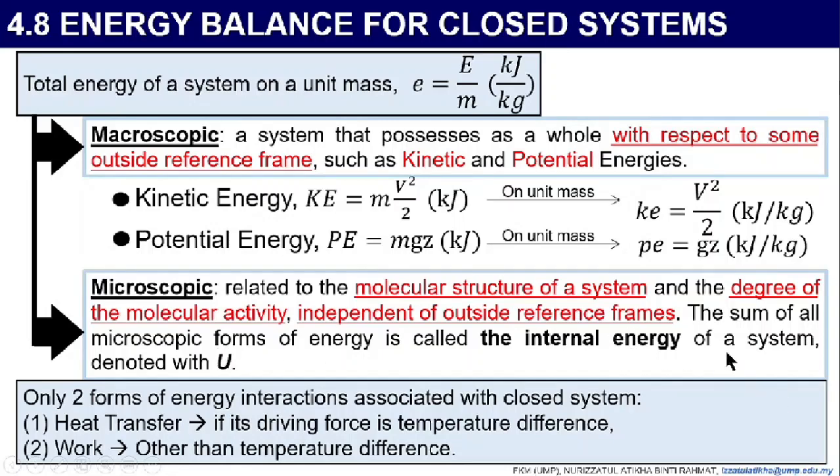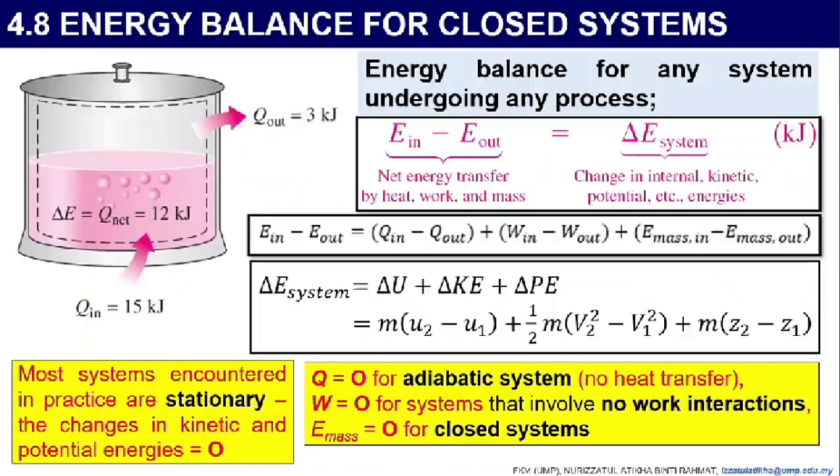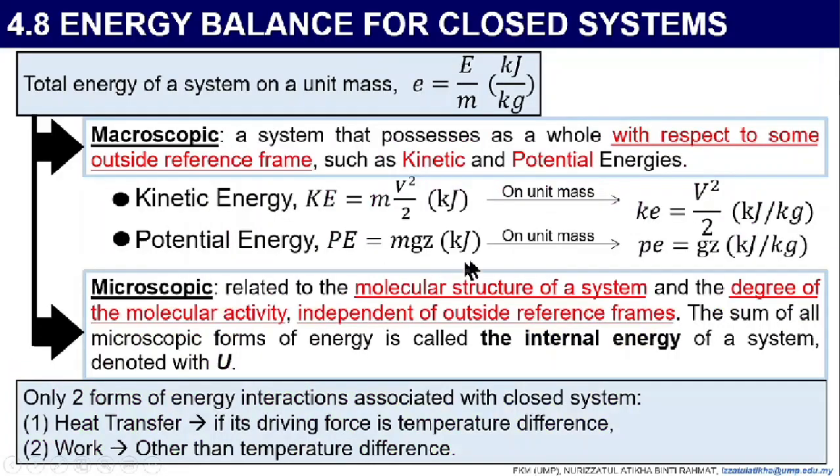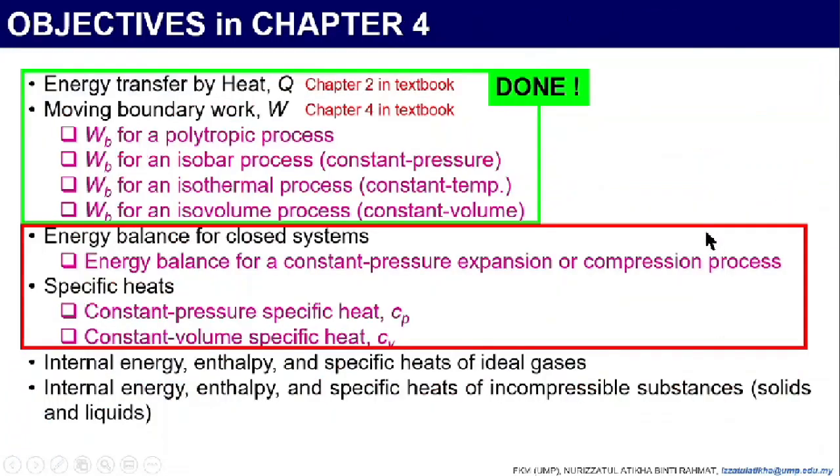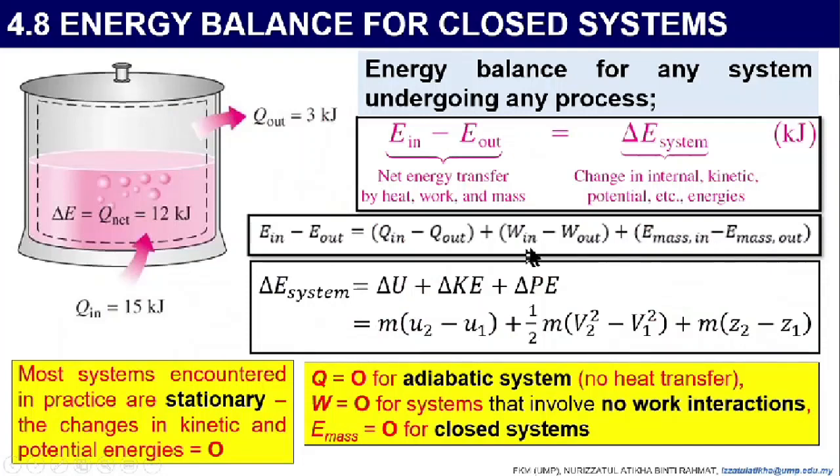So let's see the energy balance equation here. I already put it here. E in minus E out equal to heat, Q in minus Q out, plus work, W in minus W out, plus E mass in minus E mass out.